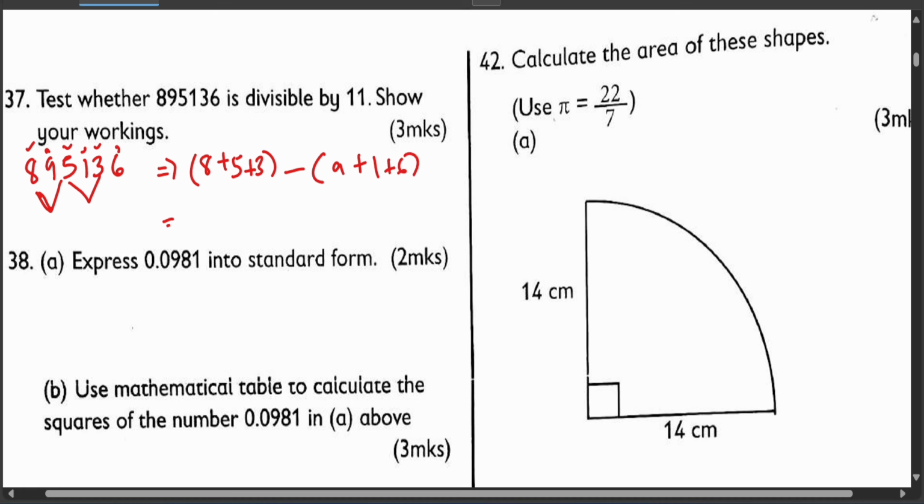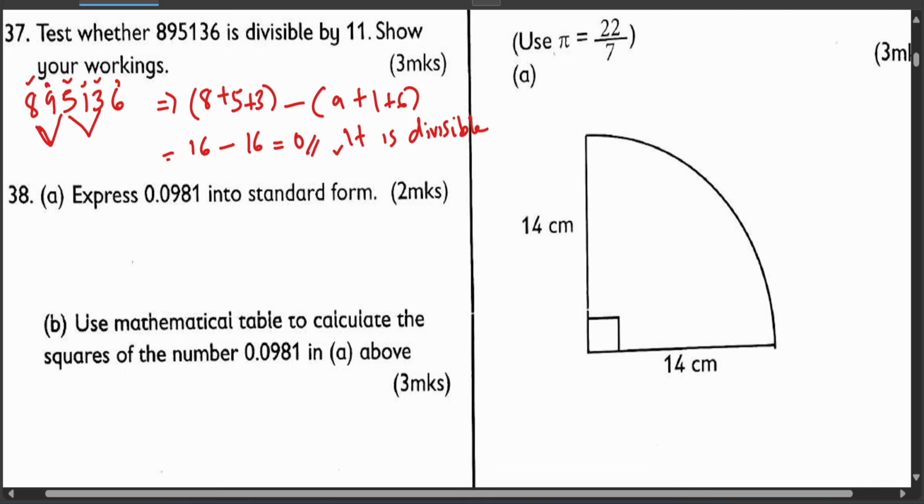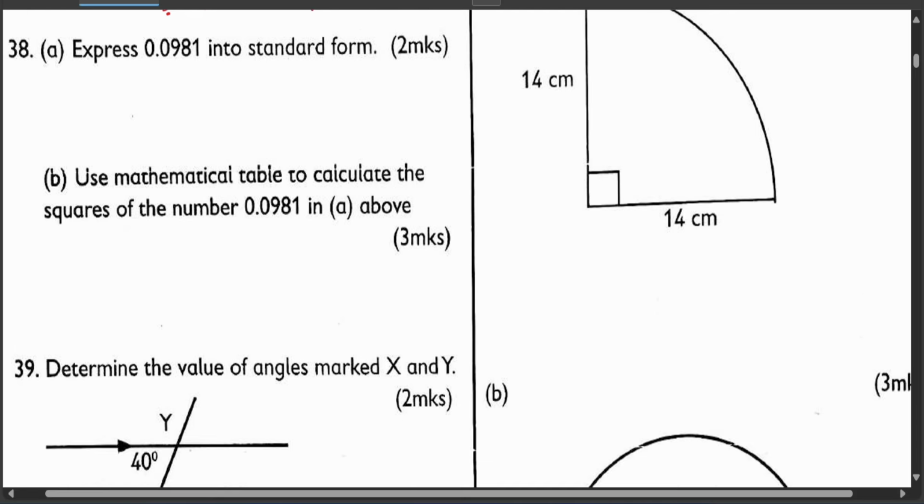So 8 plus 5 plus 3 gives you 16, minus 9 plus 1 plus 6, which is 16. So it gives you 0. Since the solution gives you 0, it is divisible by 11. So either it gives you 0 or 11 or a multiple of 11.